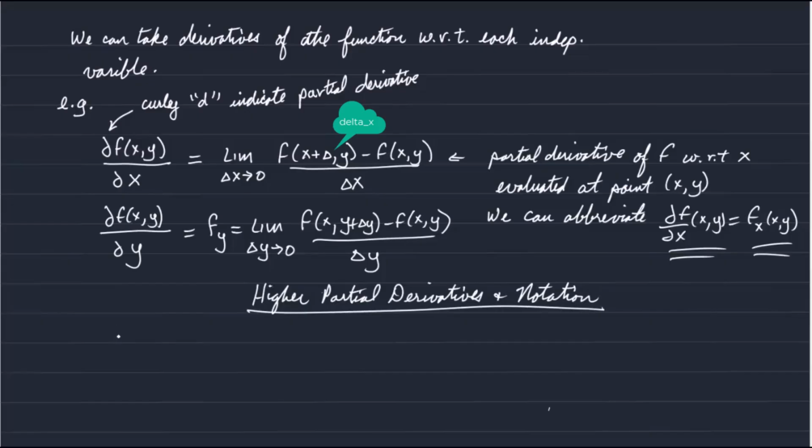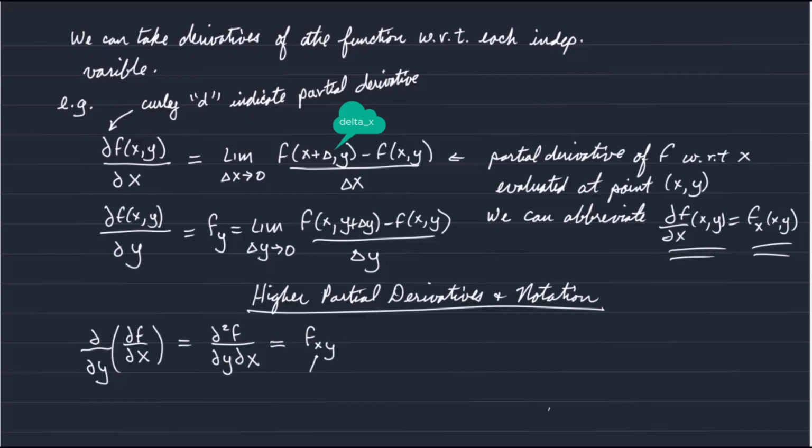So if we have our partial derivative of f with respect to x, for example, we can take the derivative of that with respect to y, and we can write that as the second partial with respect to y and x. We can also write that as f sub xy.